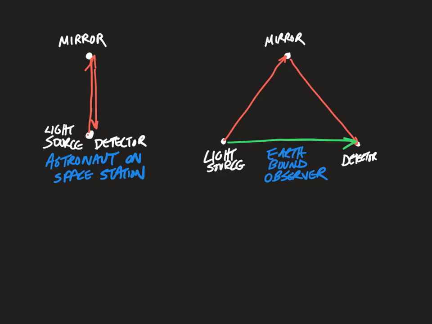The astronaut sees the light beam travel a distance D in a time that we'll call, I don't think I have a delta symbol.